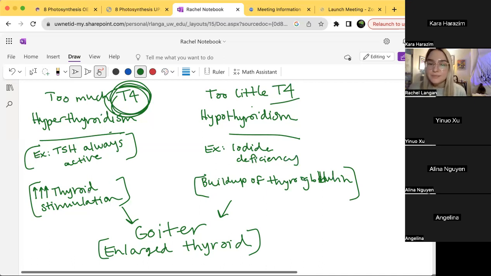And that still resulted in an increase of thyroglobulin. So I was like, is that always going to be the case? And you're saying it's not. No, but it can also be a cause. Yes. Okay, that makes sense. Okay, cool. All right, thank you. You're welcome.